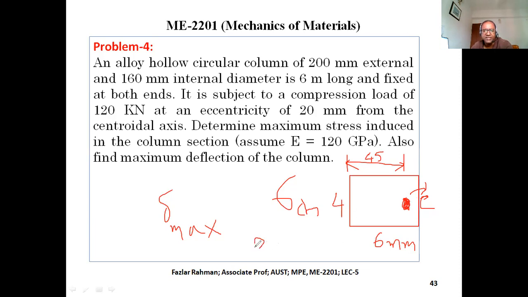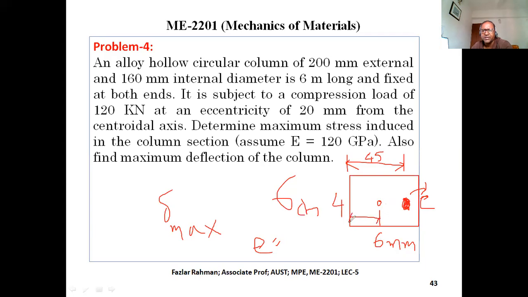E means eccentricity, right? What will be this value? We need to figure it out in that case. The CG will be right over here at the middle, so how much will be this distance?